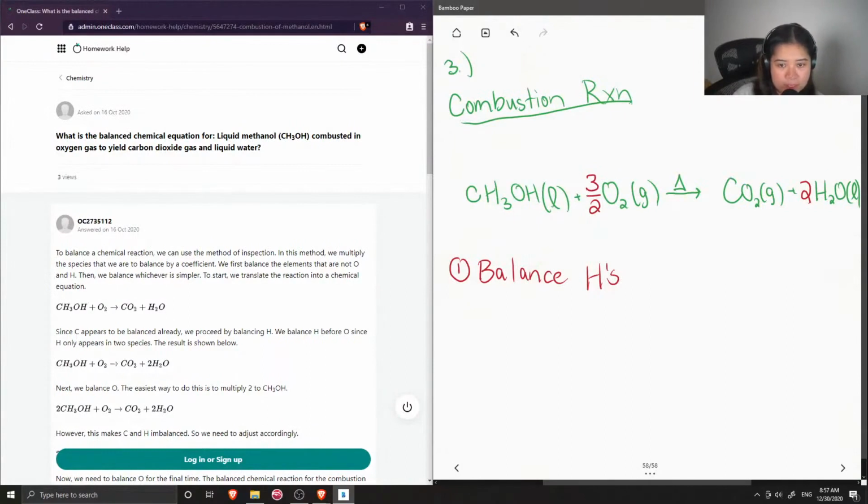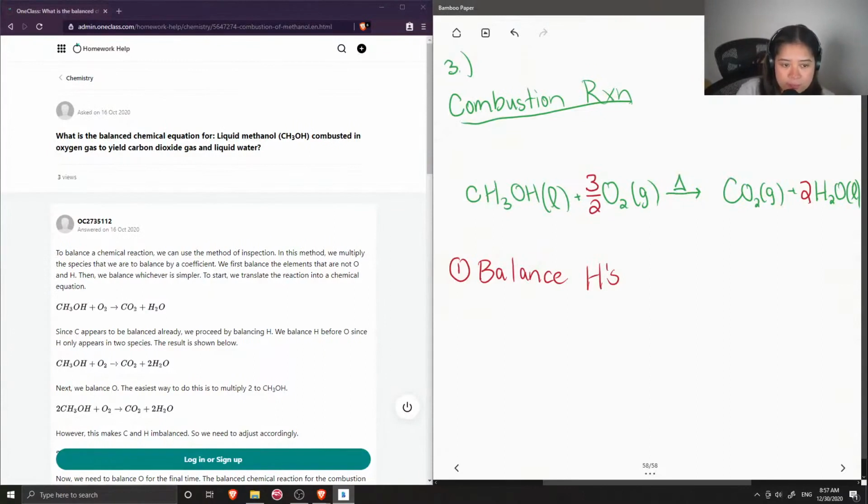So you'll notice that since I only had 3 on this side, I wanted to add a coefficient in front of my O2, just however many remaining oxygens I needed, and then divided by 2, just so that it will cancel out that O2.